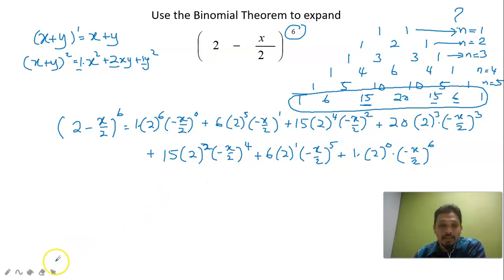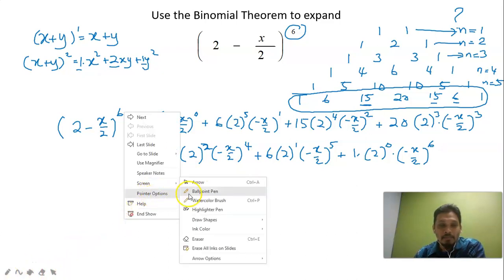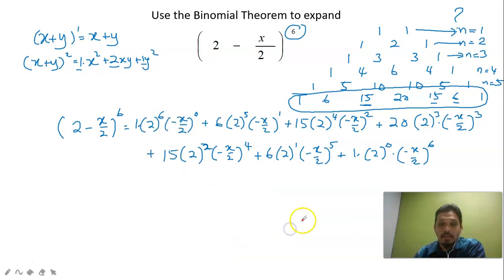Any number to the power of 0 automatically becomes 1.